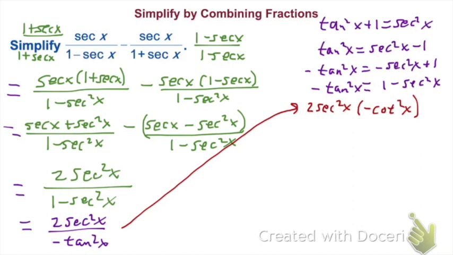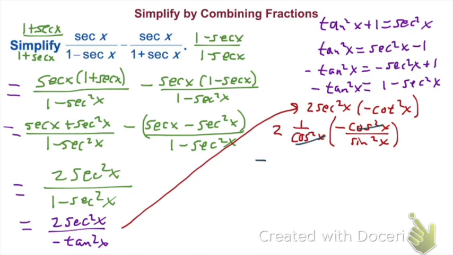We can then change our secants and cotangents into sines and cosines. This is 2. This is 1 over cosine squared x. This is negative, we're multiplying here by the way, cosine squared x over sine squared x. And when you do this, the cosines are going to cancel out.